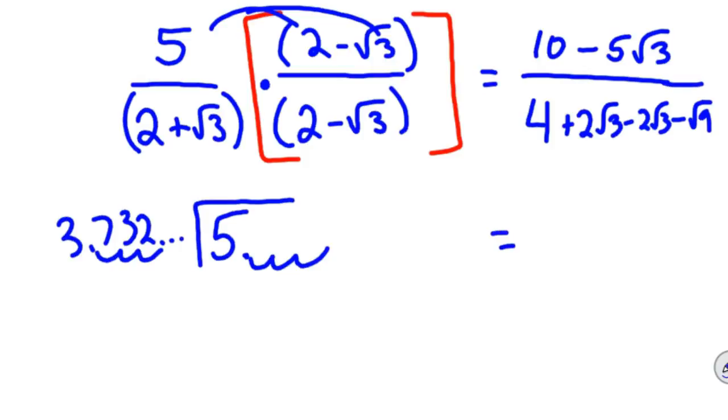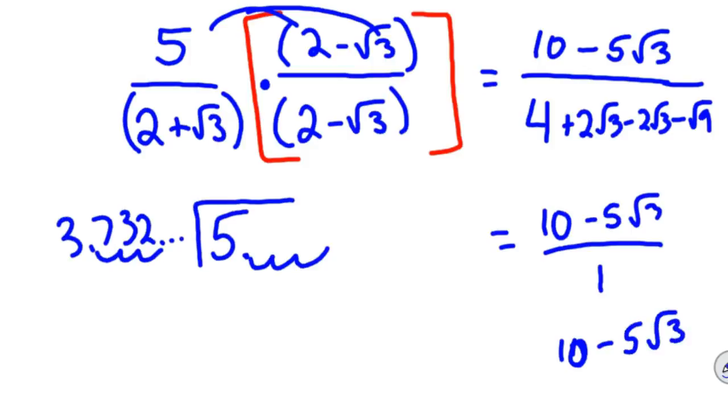And so that simplifies to 10 minus 5 root 3 all over 1, which is 10 minus 5 root 3. So we've divided 5 by 2 plus root 3, and we end up with another irrational number of 10 minus 5 root 3. And that's simplified.